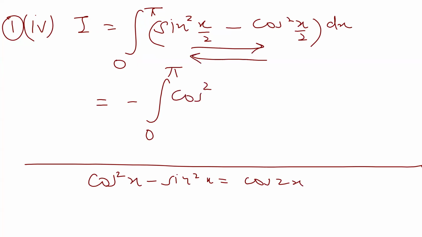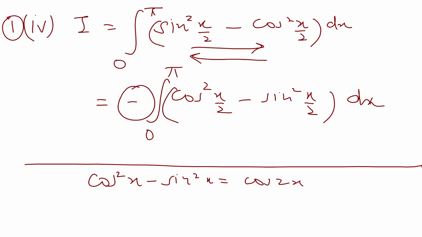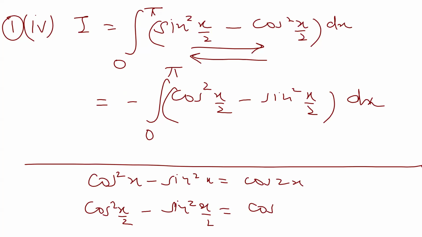So this is cos square x by 2 minus sine square x by 2. First I reversed this and took a minus sign outside. So minus cos square x by 2 minus sine square x by 2 is equal to cos of what angle?